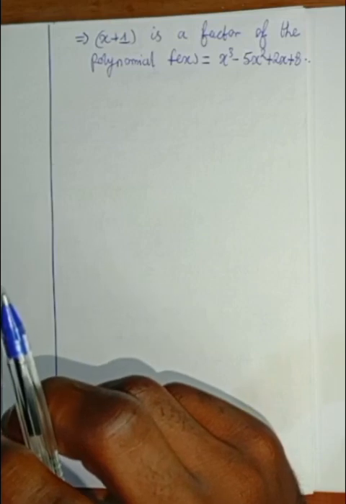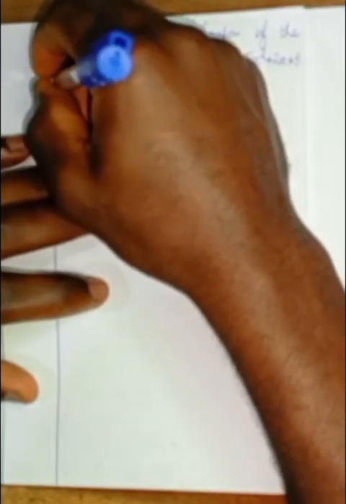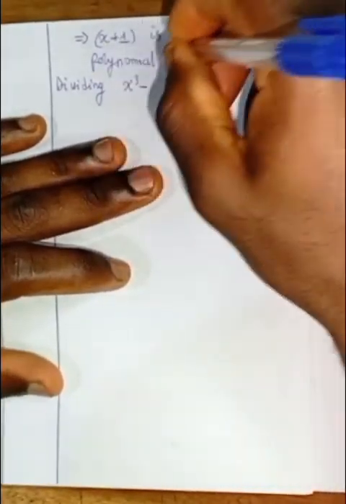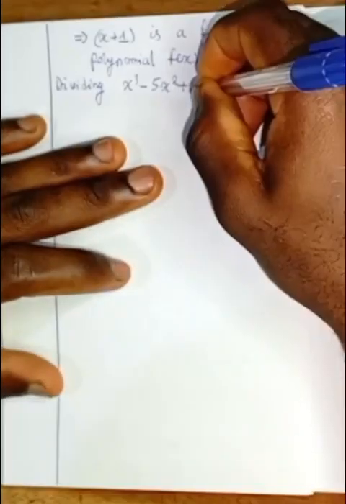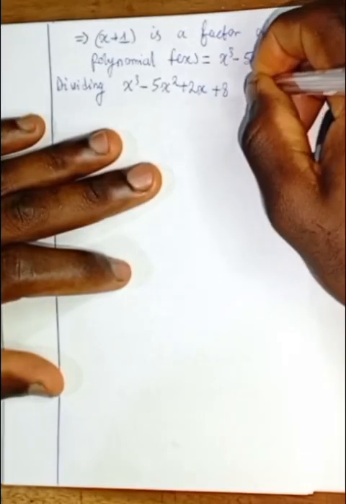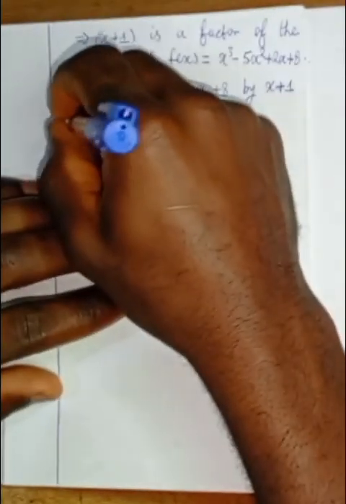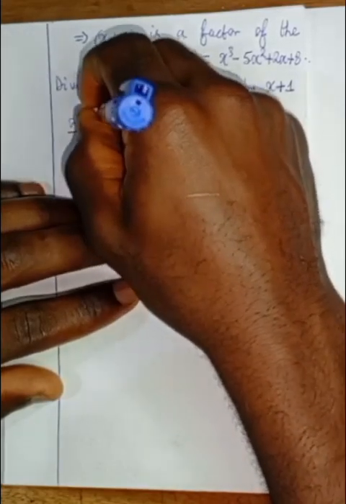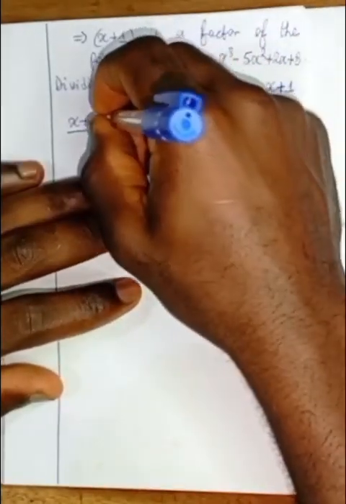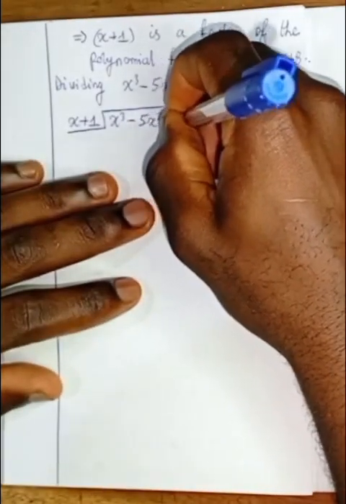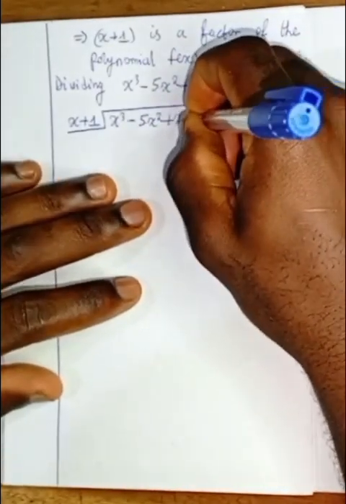So let's carry out our long division, dividing x cubed minus 5x squared plus 2x plus 8 by x plus 1. Let's perform the division. x plus 1 goes out, bringing x cubed minus 5x squared plus 2x plus 8.